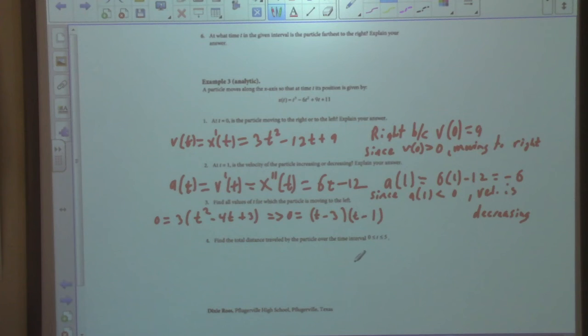Yeah. So find all values where the particle is moving to the left. Number line. So now we go ahead and do this. The number line, so 1 and 3, right?